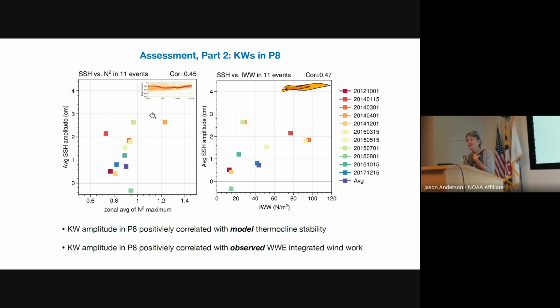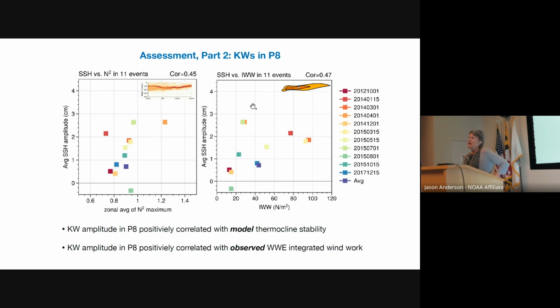For 11 events, this is not statistically significant at the 95% level, closer to maybe 90%. When we do a similar analysis for the integrated wind work, which is the sum of the wind stress over each of our westerly wind event patches that we've identified, we see a similar correlation, 0.47, almost the same as what we see here.